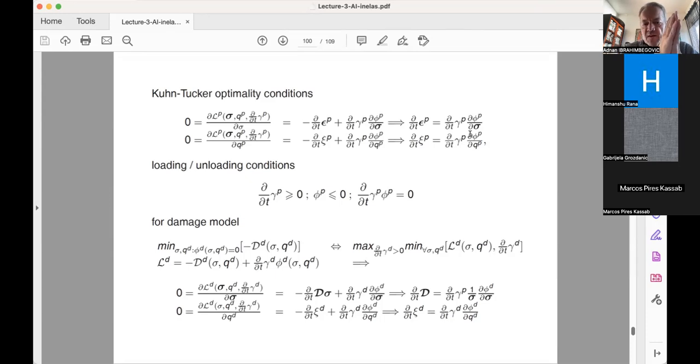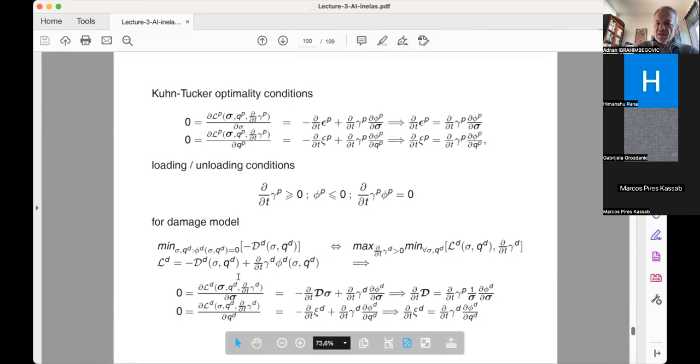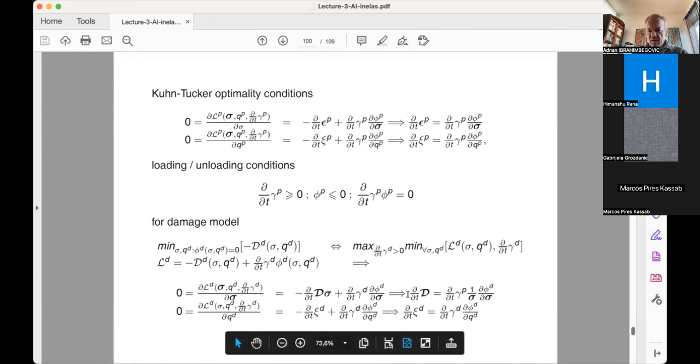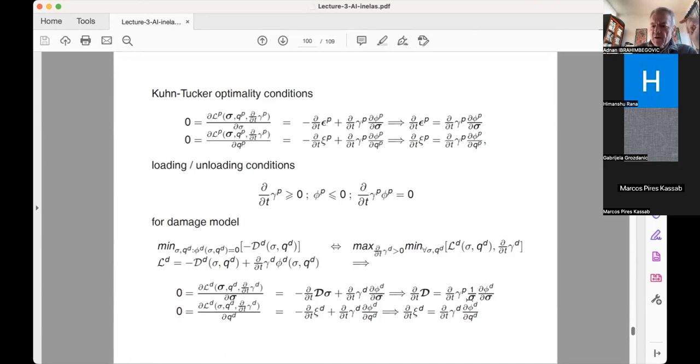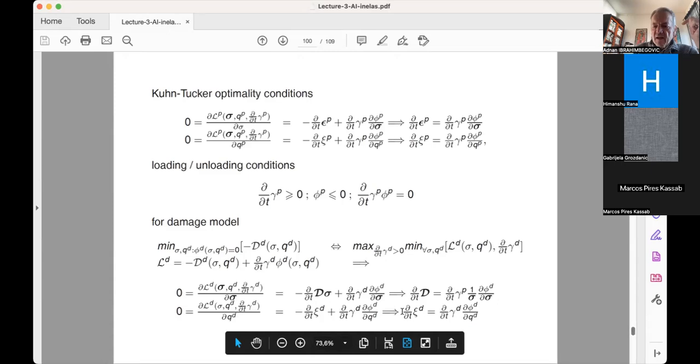For damage, we follow the same rule. That is, we take a Lagrangian, which is a minus damage dissipation plus gamma dot times phi d, and we obtain the corresponding contact optimality condition, which allows us to write the evolution equation for damage compliance to be equal to gamma d dot, multiplied by d phi d d sigma, and the other one would be the derivative of the xi dot equal to gamma dot times d phi dq.